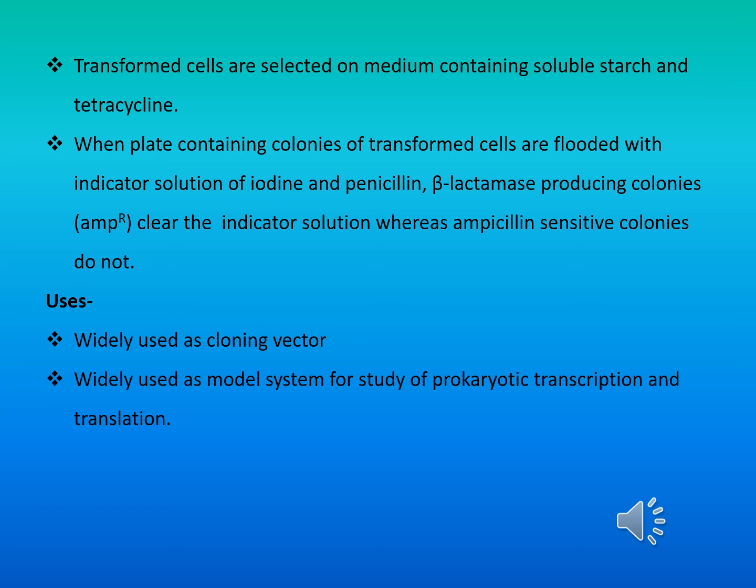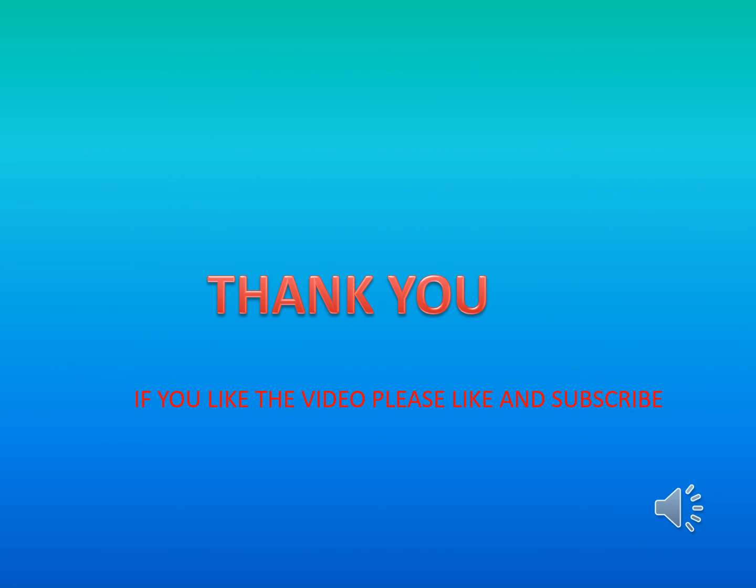When we use this site for cloning of the DNA fragment, then this vector can be used as a model system for study of prokaryotic transcription and translation. This is all about pBR322 as a cloning vector.